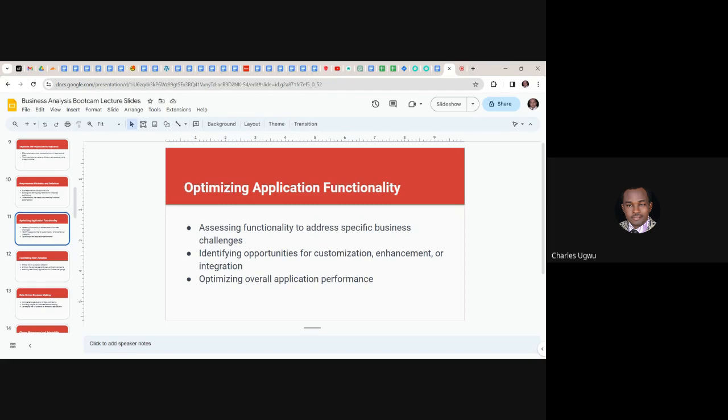So our work as business analysts is to continue to look for ways to optimize the workflow, the way people work in the office, and add value, reduce costs, and things like that.